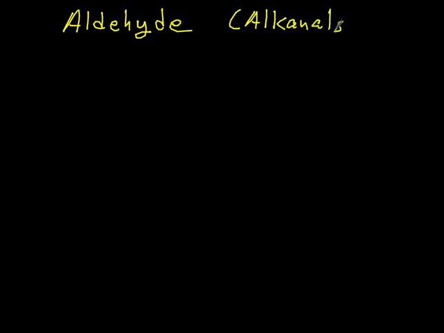All right, let's do another one. Let's do an aldehyde. For an aldehyde, we call those alkanals, and so we end in -al in this case. We're going to change our ending to an -al ending. So what does an aldehyde look like?